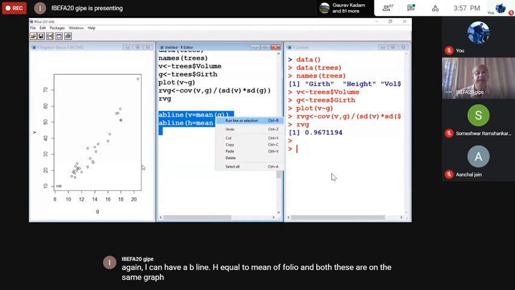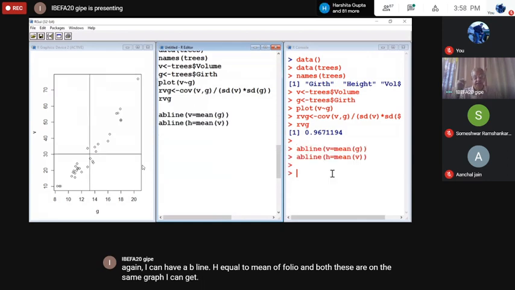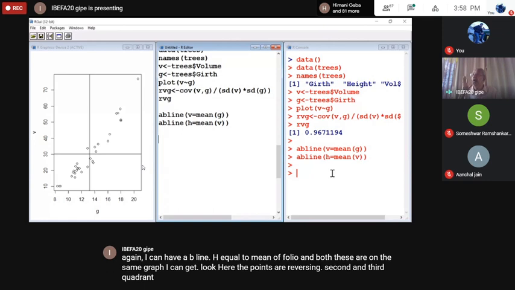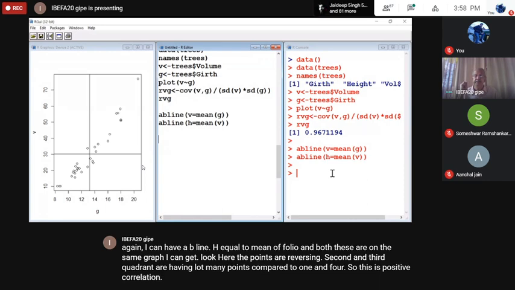Look, here the points are the reverse way. The second and third quadrants have a lot more points compared to the first and fourth. So this is positive correlation.